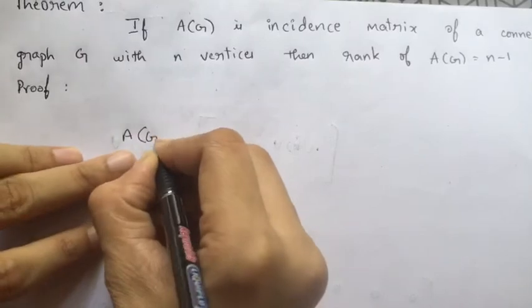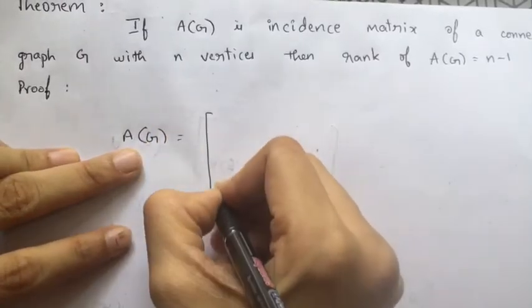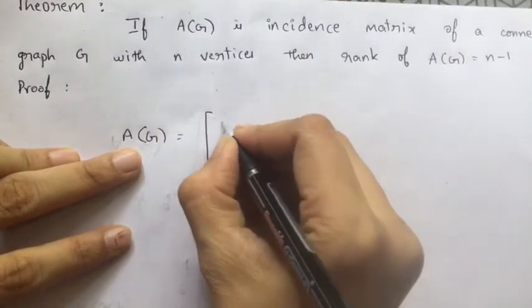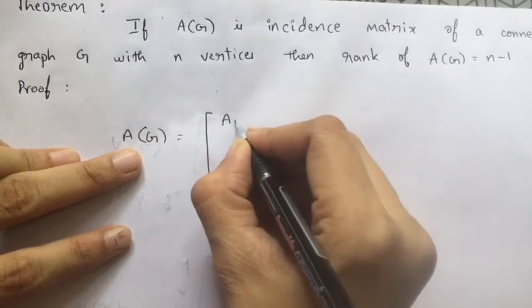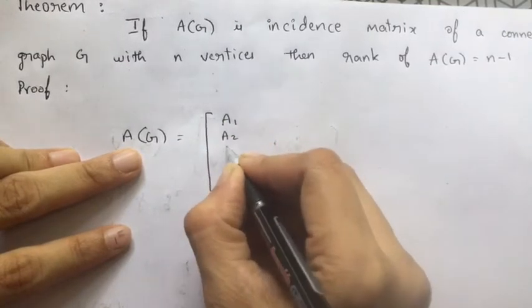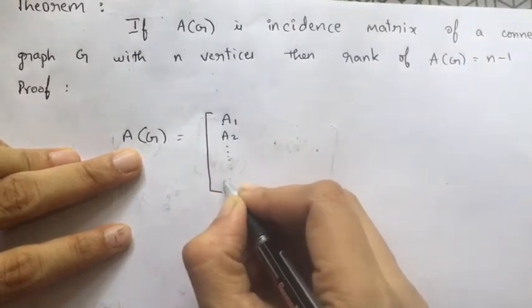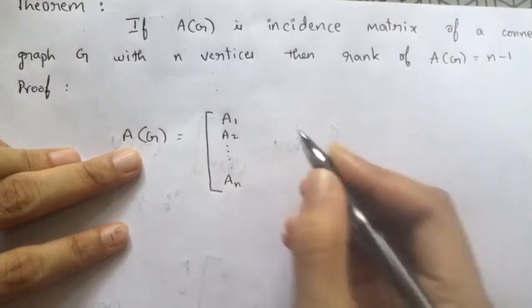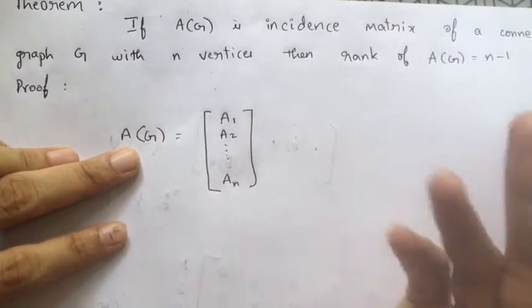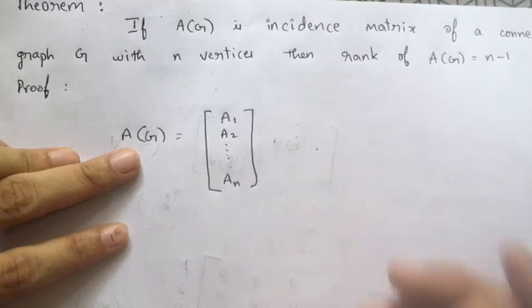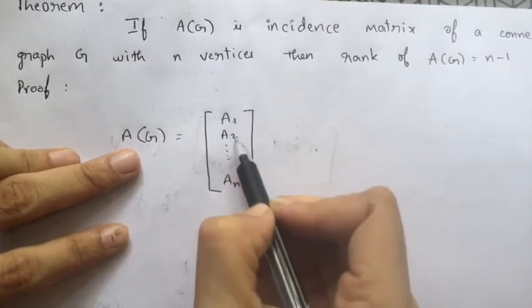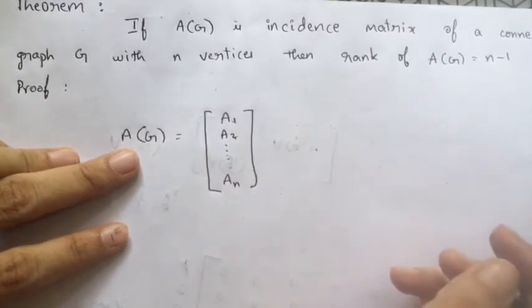So I can represent the incidence matrix A of G with each row as a row vector, say A1, A2, like that. There are n vertices, so n row vectors I'm considering. The first row is A1, the second row is A2, like that.